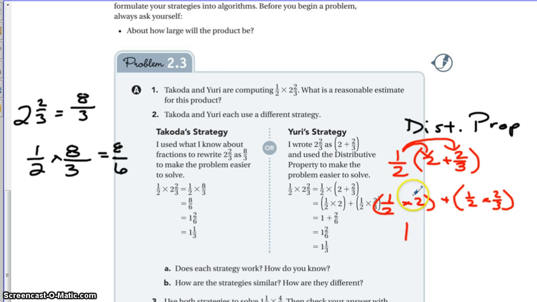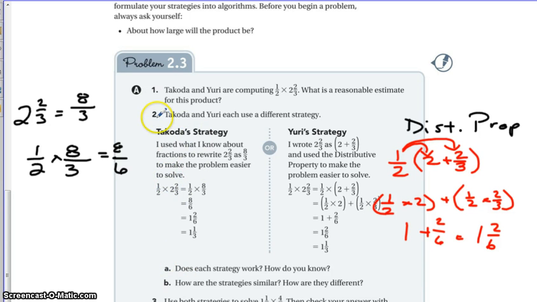Then we have one whole over here, half of 2 is 1, and we would add it to 1/2 times 2/3, so 1 times 2 is 2, and 2 times 3 is 6, and that gives us 1 2/6. Then they simplified it down even further. So we know because they are each using a skill that we have already talked about in class. So that's how we know.